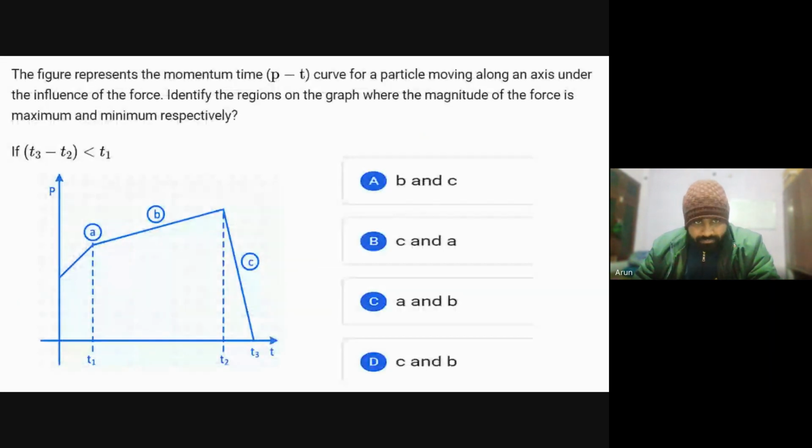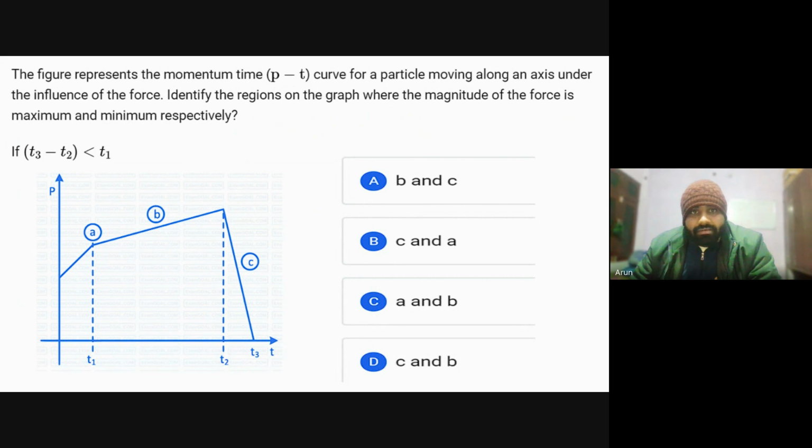Now, in this question, the figure represents the momentum time graph, or PT curve, for a particle moving along an axis under the influence of a force. If the force is applied, the momentum changes.